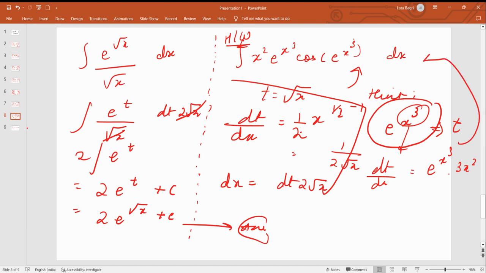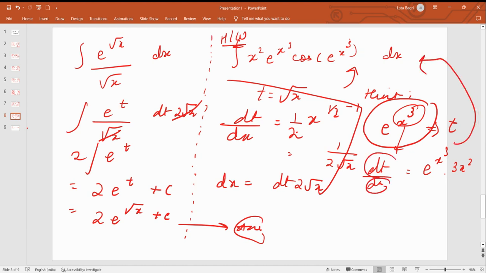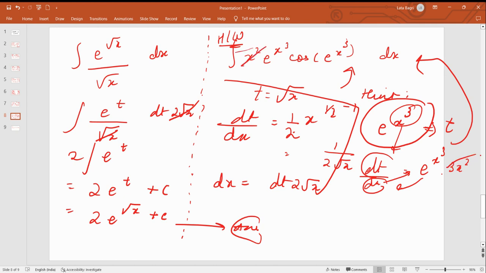So if you replace this, make this as the subject, then this x square and this x square will get cancelled. This will become cos t dt and everything will be very simple, it will be easily cancelled. Okay, and also this e to the power x will also get cancelled, so all you're going to be left with is cos t dt. Okay, this is how we're going to solve it.